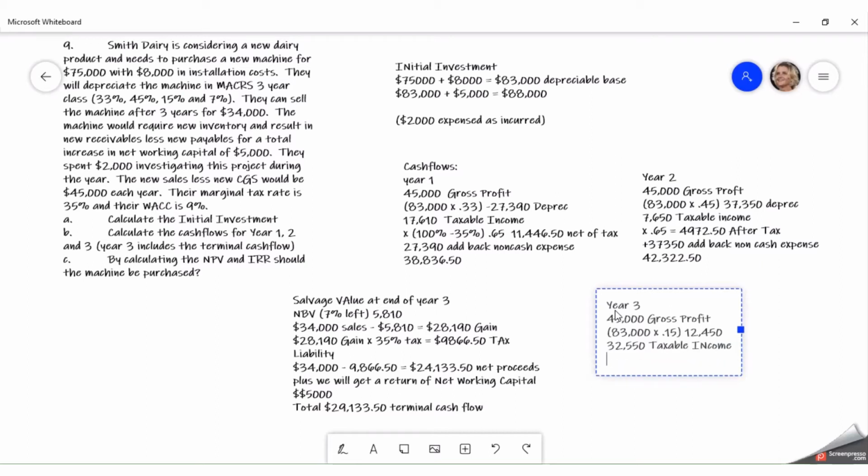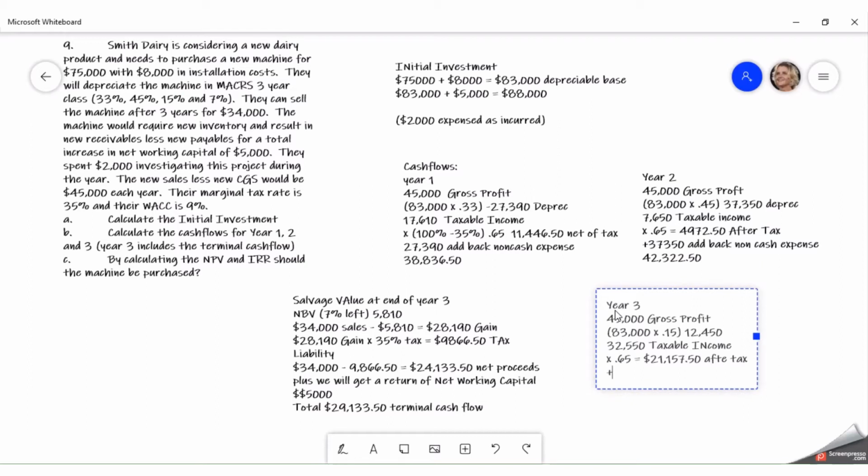And then we multiply that times the 0.65. And that gives us $21,157.50 after tax.